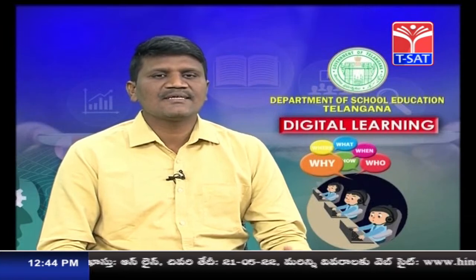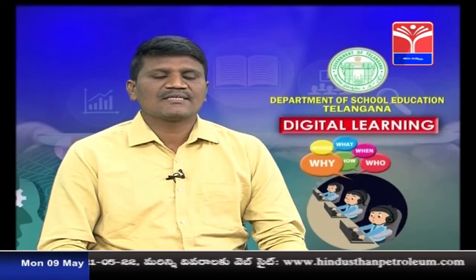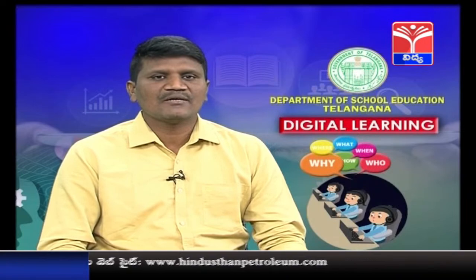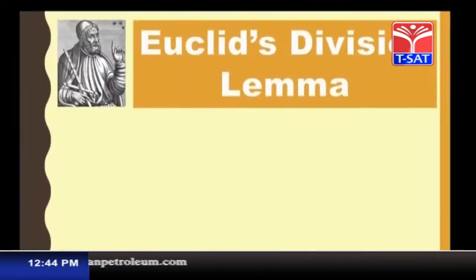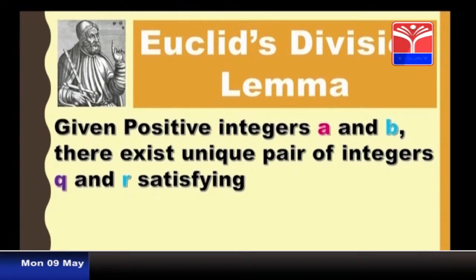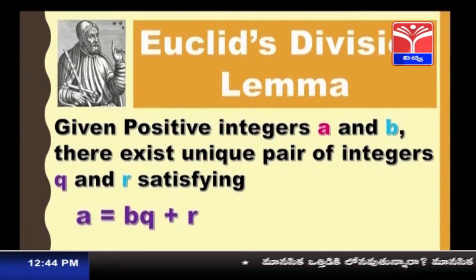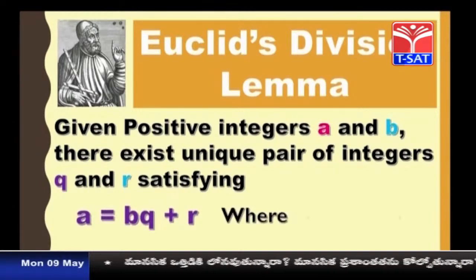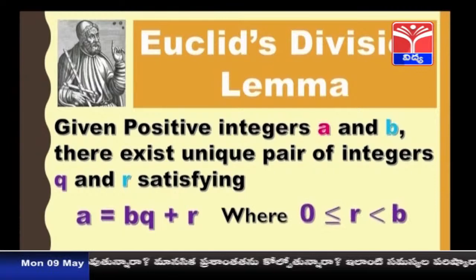With this, let us enter into the concept, that is, Euclid's division lemma. Euclid's division lemma: given positive integers a and b, there exists a unique pair of integers q and r satisfying a is equal to bq plus r, where 0 less than or equal to r less than b.